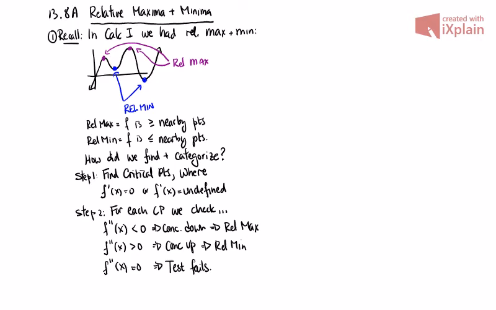So how does this work for functions of two variables? Let's formalize all these definitions a little bit, but we don't have to be too formal. We don't have to go crazy. So given a function f of x, y, we say a relative maximum is a point where the function is greater than or equal to all nearby points.